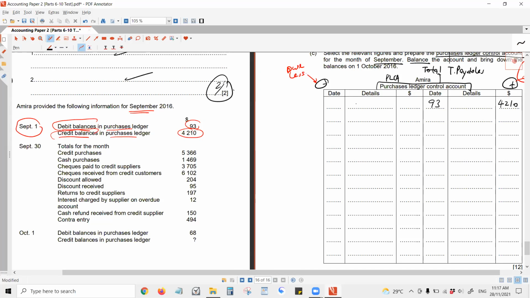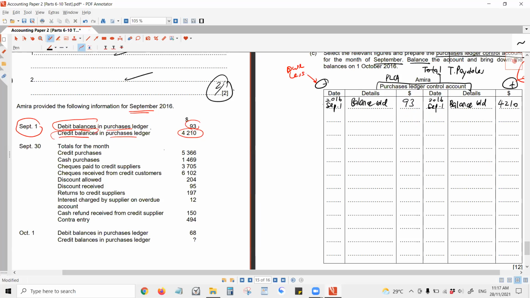Sorry, the 93 should be here. Balance b/d, and then the date is 1 September 2016. That's how you begin.